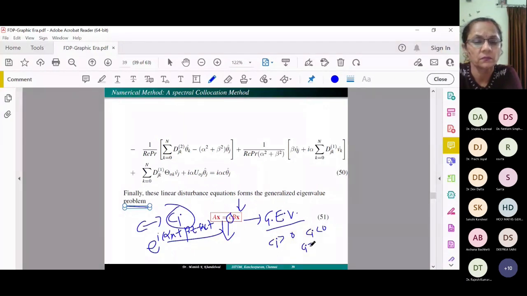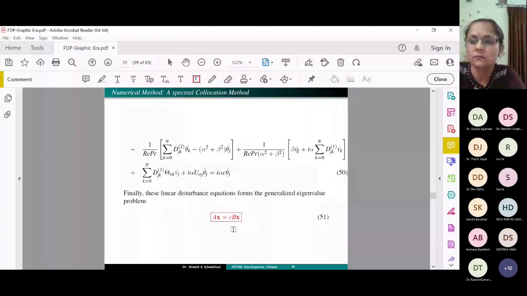So whenever we take a problem, we have to develop the linear stability equations, and the equations form a generalized eigenvalue problem, and we concentrate only on the imaginary part of the eigenvalue C. So now we see how to calculate it.